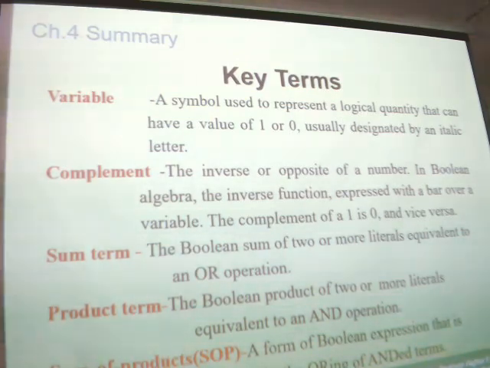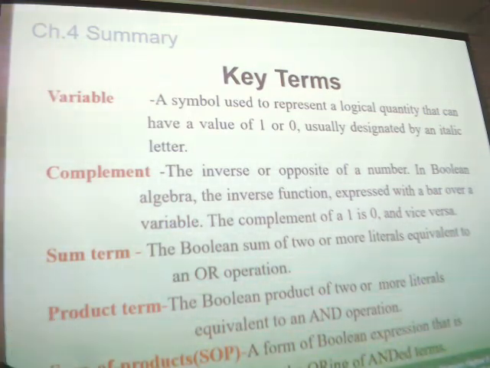Complement is the inverse or opposite of a number. In Boolean algebra, the inverse function is expressed with a bar over a variable. The complement of 1 is 0, and vice versa.